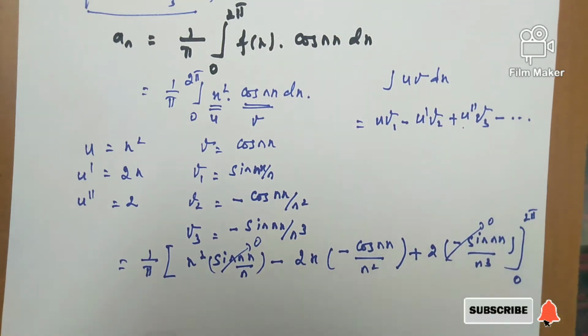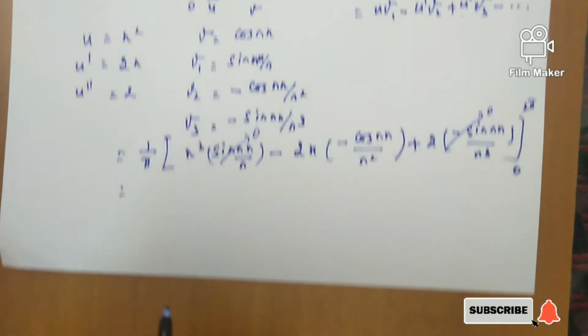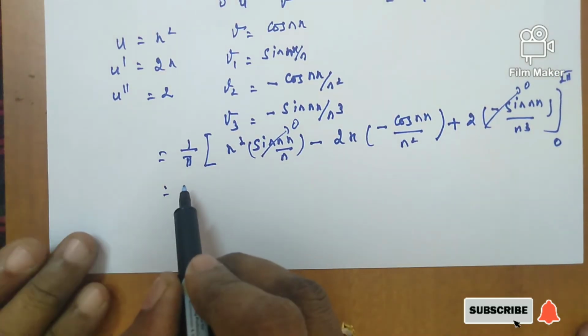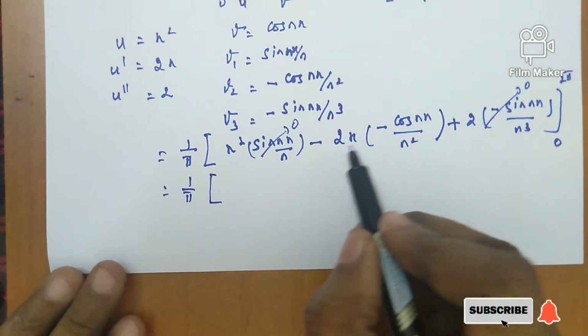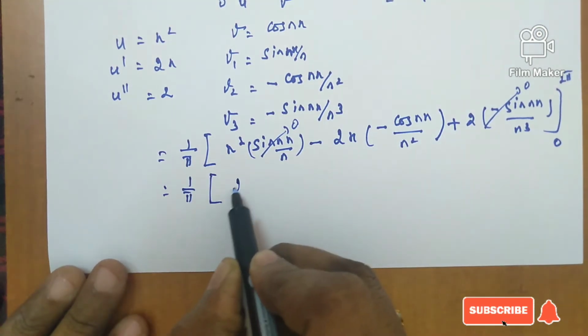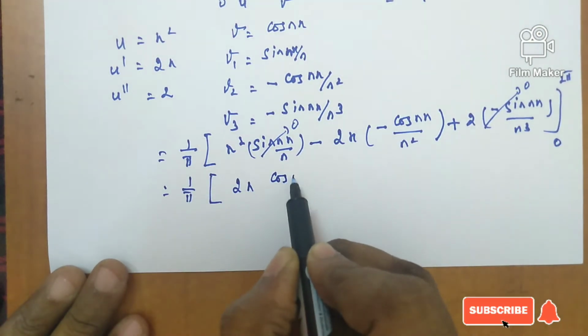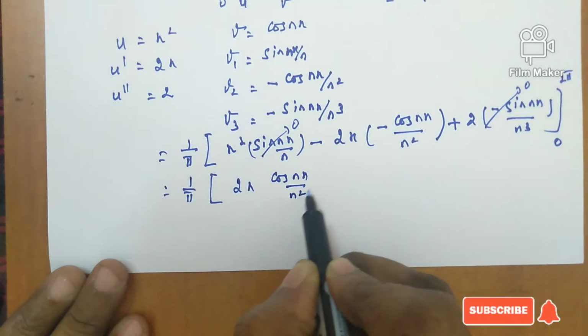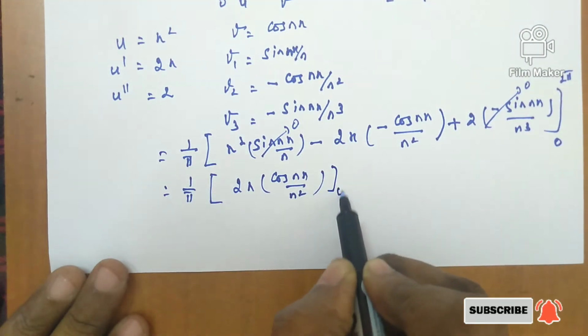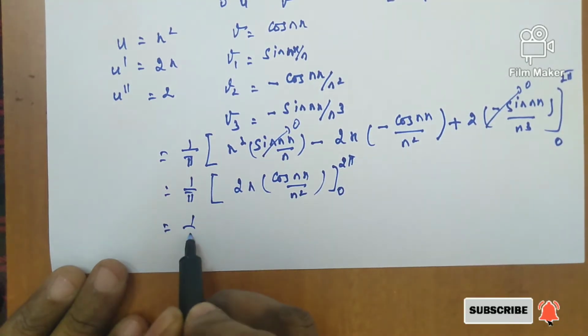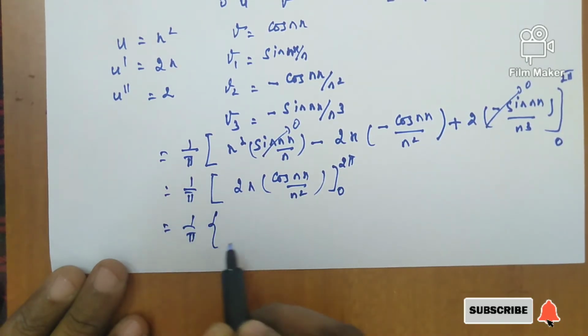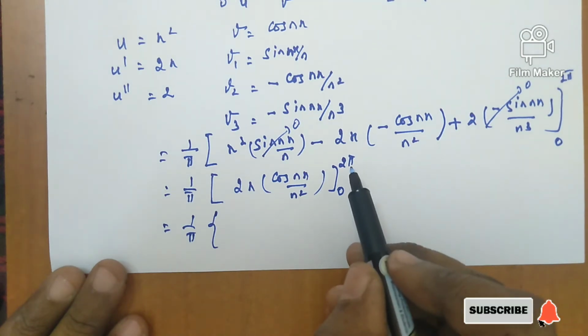So what is the remaining term? So 1 by pi, write the remaining term only. Minus into minus becomes plus, so 2x into cos nx by n square, with the limit 0 to 2 pi. Now applying the limit, we get 1 by pi. Whenever you apply the limit, first the upper limit, which here is 2 pi.